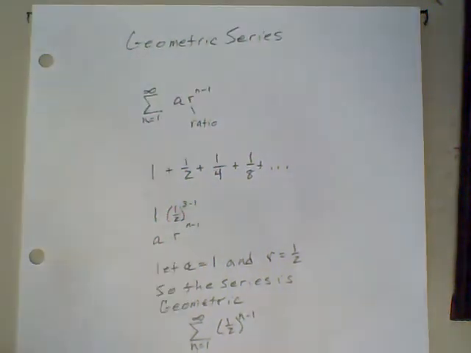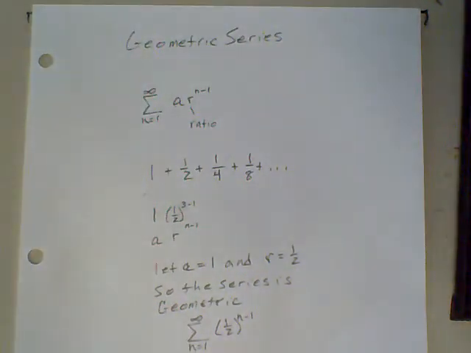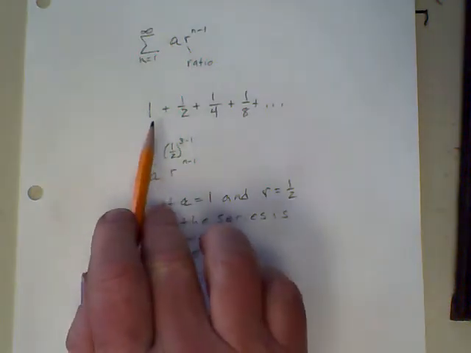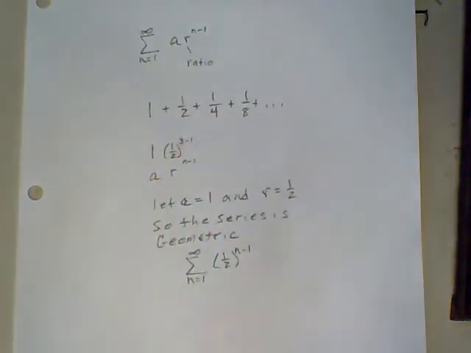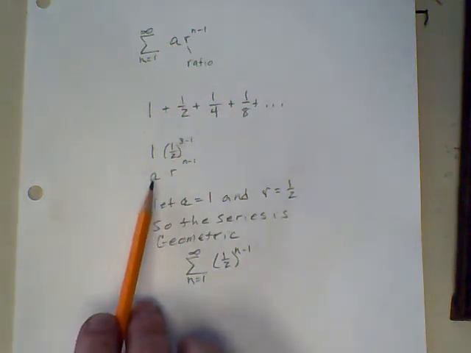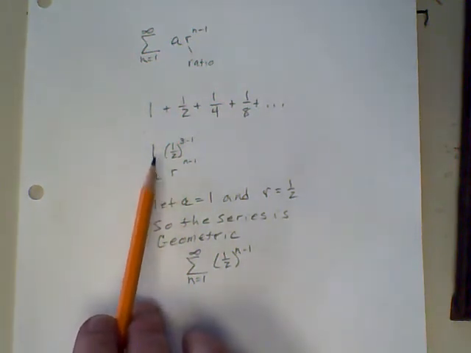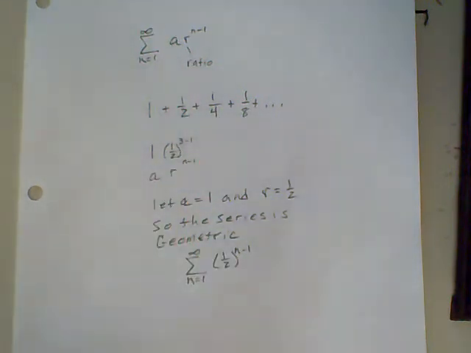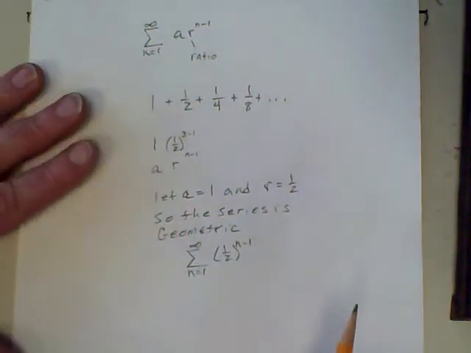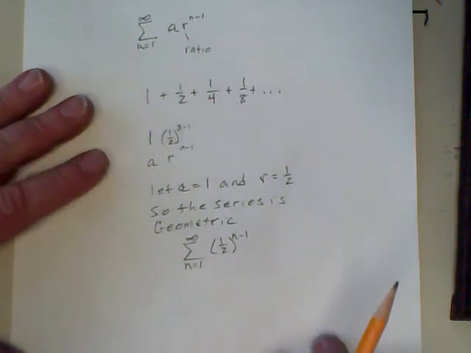So we now know that we have this series of terms, 1 plus 1/2 plus 1/4 plus 1/8 and so on. If we let a, the constant multiplier, be 1, the ratio is 1/2, and we get this series of terms. So we now know we have a geometric series and it's written this way.